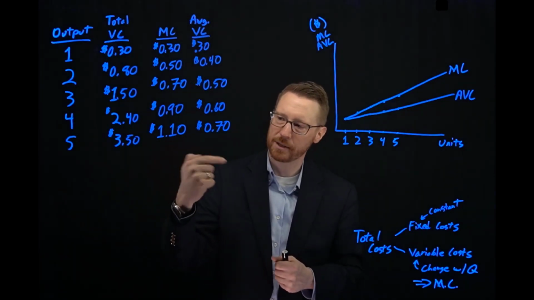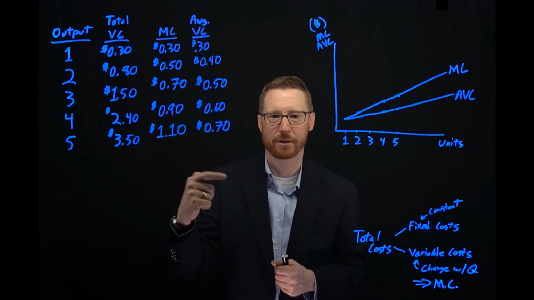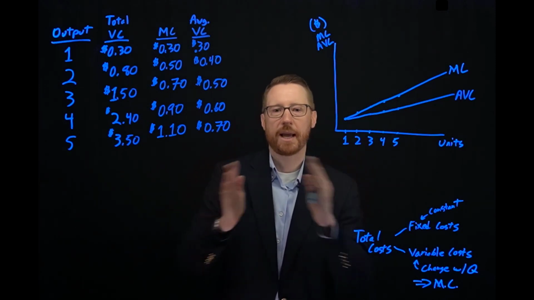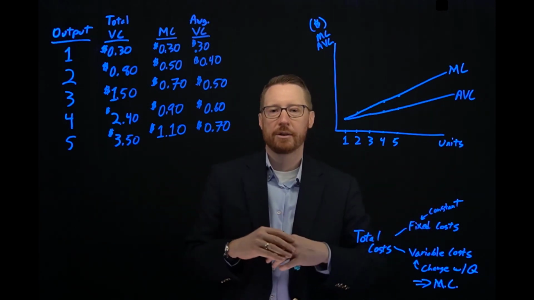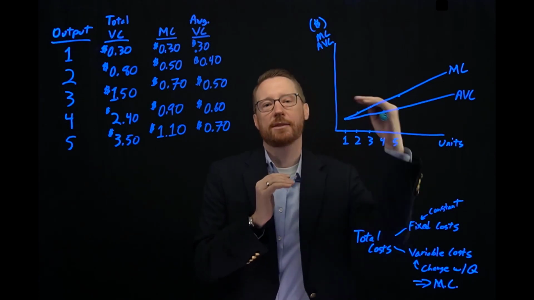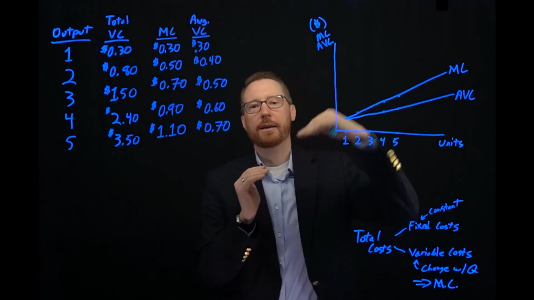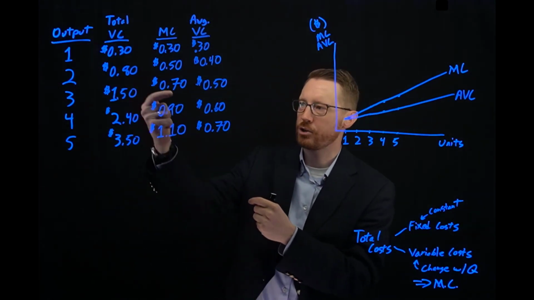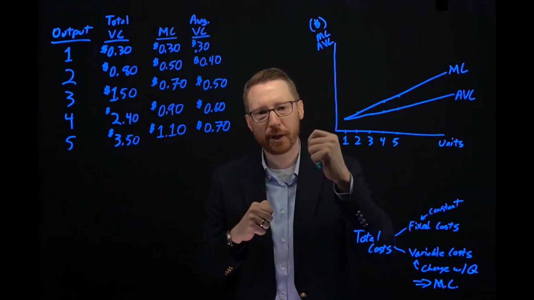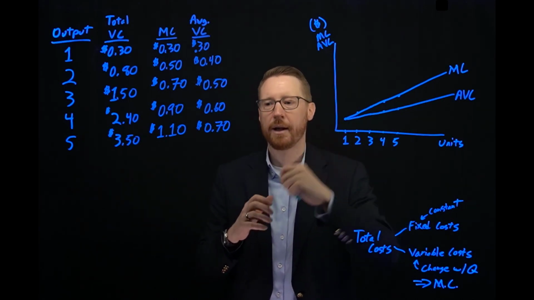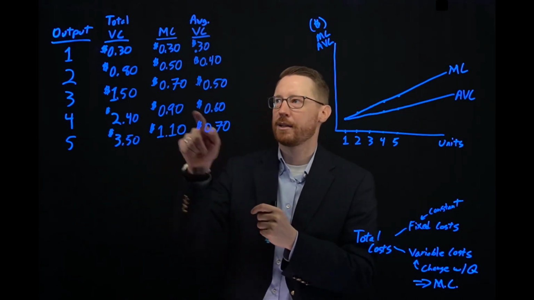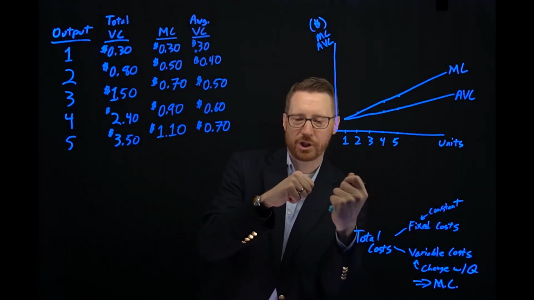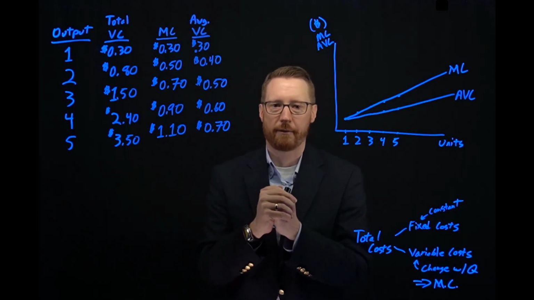So marginal cost is like, what's your GPA this semester? Average variable cost is like, what is your GPA over the whole time? So if you do better this semester, yes, it's going to pull up your GPA, but it's not going to pull it all the way up to what you did this semester. Just like as our marginal cost increases, it's pulling up the average cost, but not all the way to that marginal cost, because that next cup of coffee gets averaged in with all those prior cups of coffee.